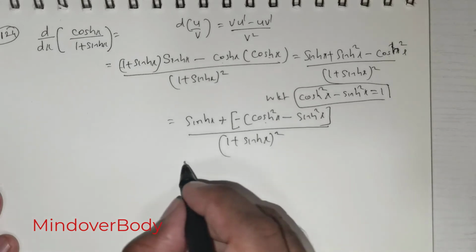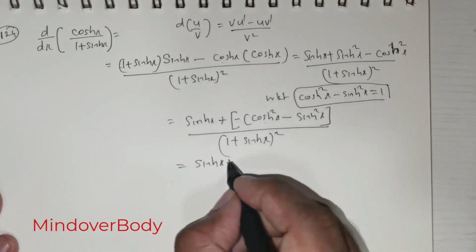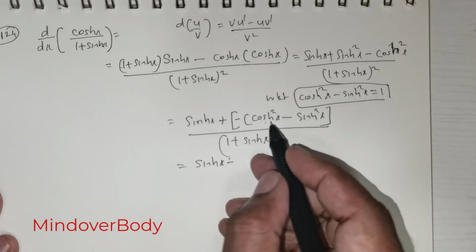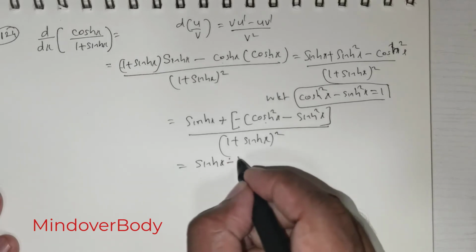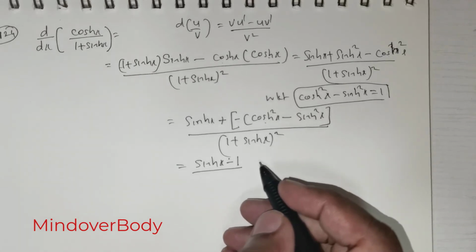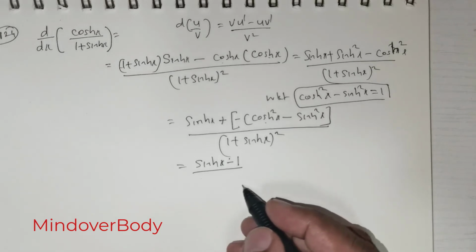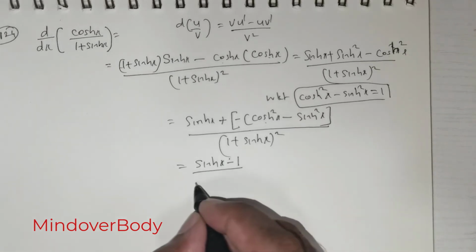So this is going to be 1, and there is a negative sign, so I need to cater to that, so I place a negative sign there. Now I got 1 plus sinh x raised to the power of 2. Can I do something about it?